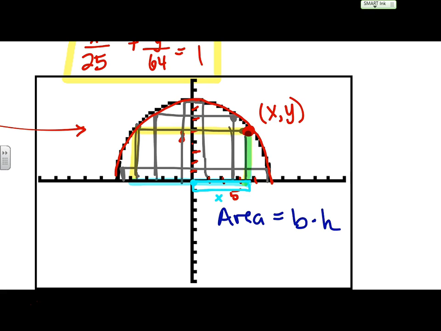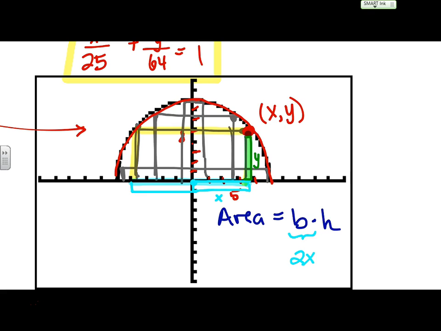Because for any point you go over an x and you go up a y, right? For any point you go over an x and up a y. But guys, for the base of my rectangle, what do I actually need? Half of the base or the whole base? So how am I going to get the whole base? 2x. I'm going to double it.